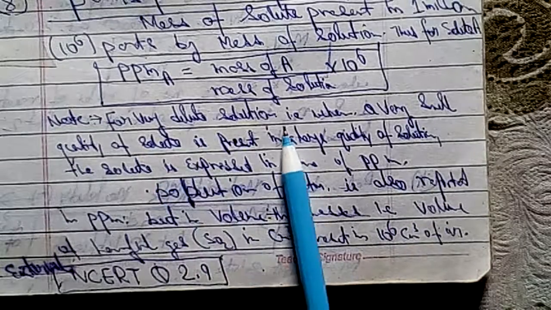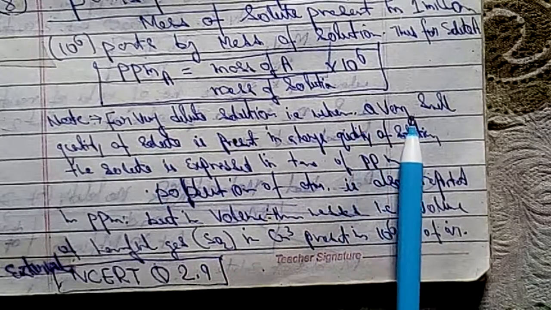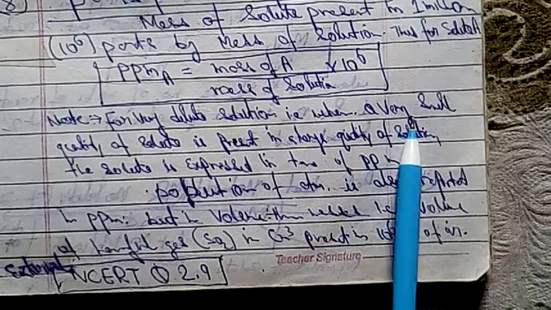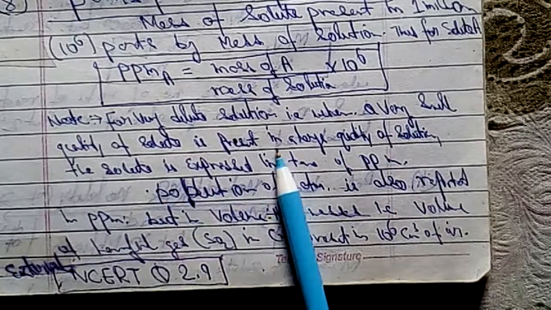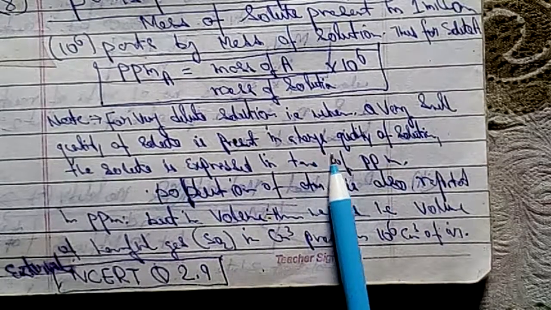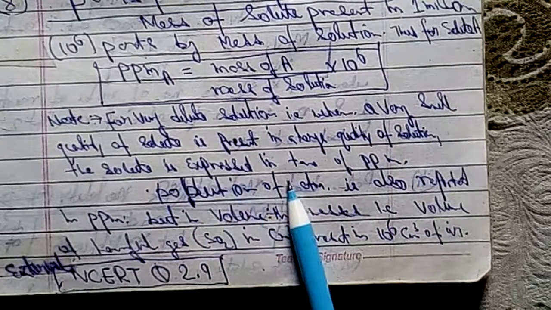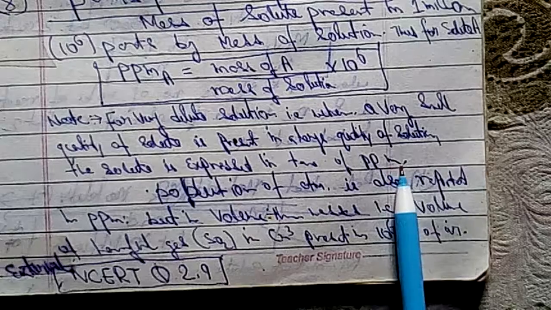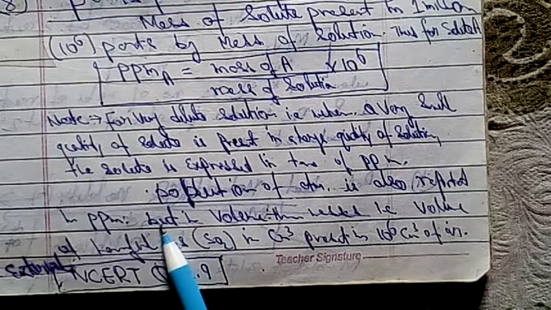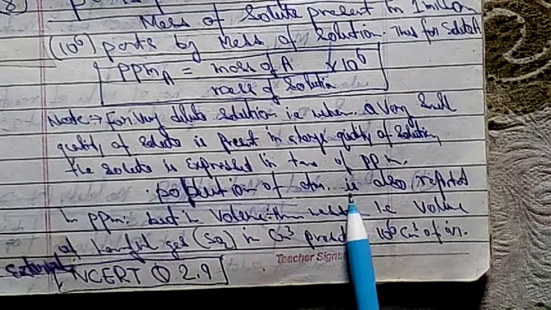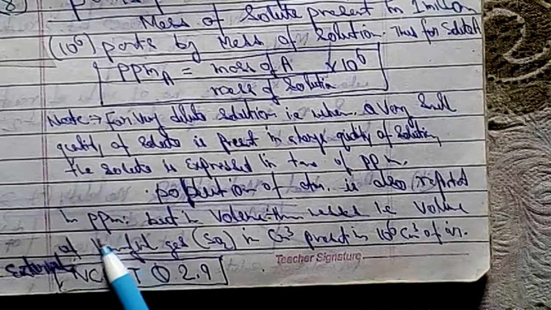Again, for a very dilute solution, when a very small quantity of solute is present in a large quantity of solution, the solute is expressed in terms of ppm. For example, pollution of the atmosphere is also reported in ppm.